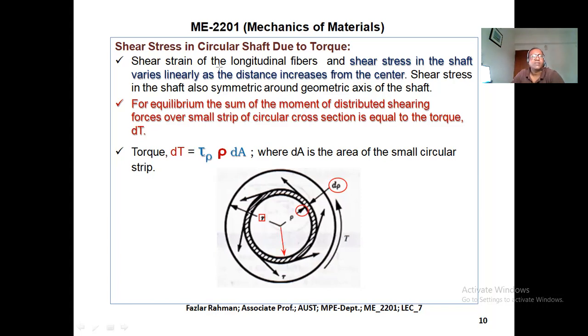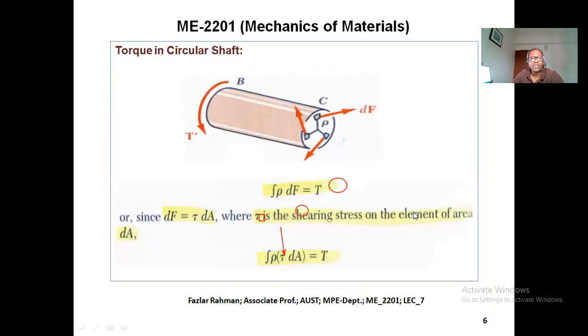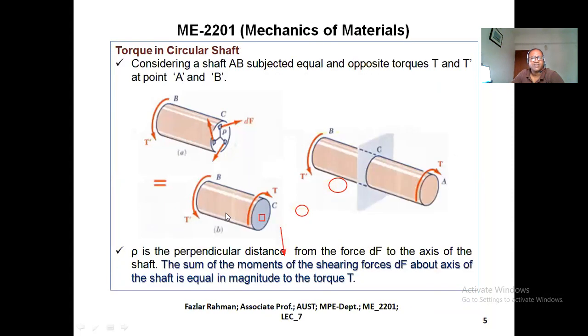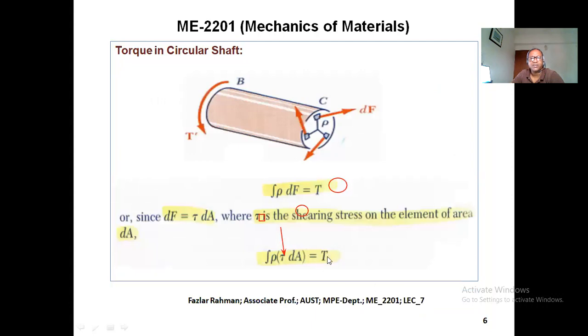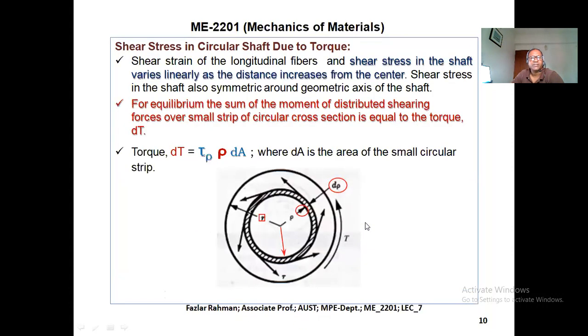We already showed you that dT equals, right over here, if we take integration, the left side, right side, you can say dT equals rho tau dA, right? So that we will apply right over here.